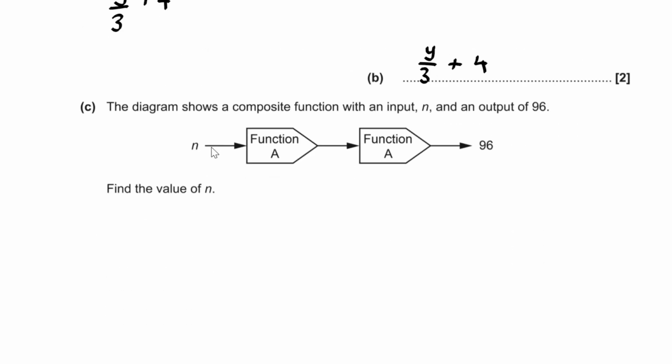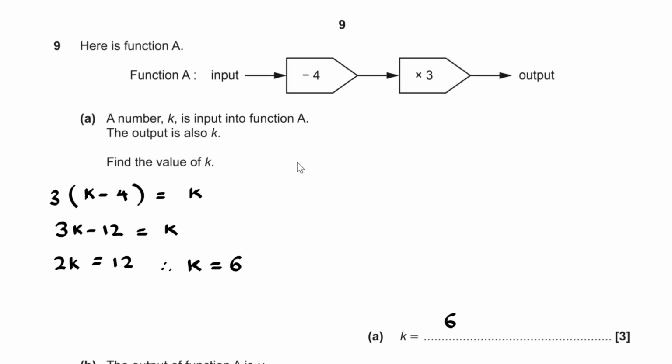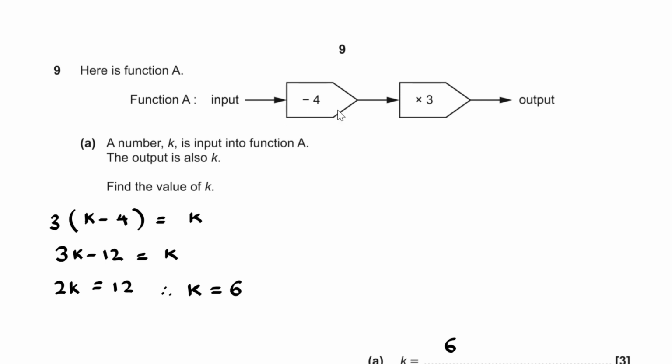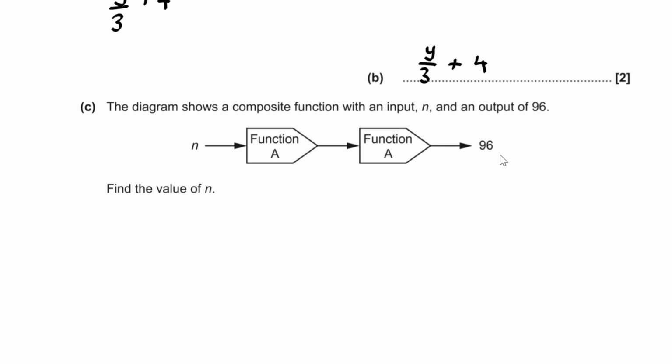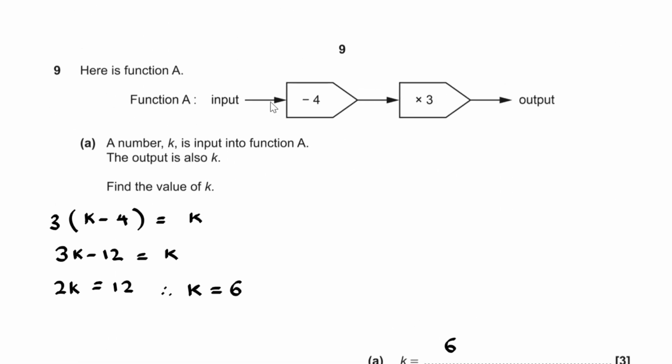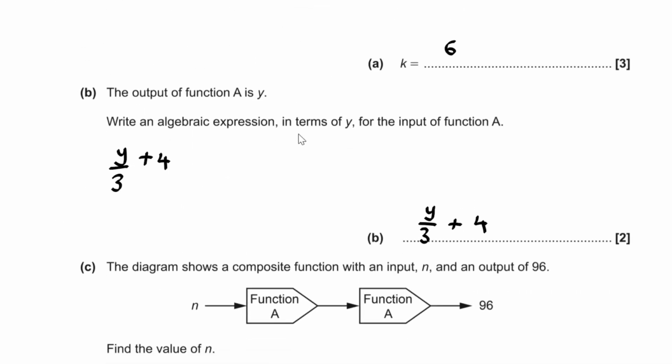And now for part C, the diagram shows a composite function with an input n and an output of 96. And what we have to do is find the value of n. Well, if we consider what function a was, that was input minus 4 times 3. So if we input n and we put that into function a, we get n minus 4 times 3.